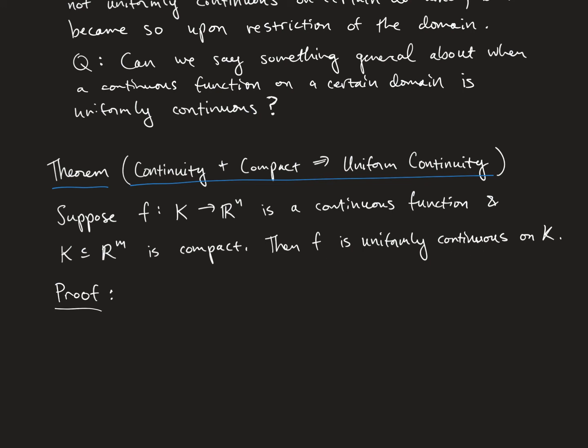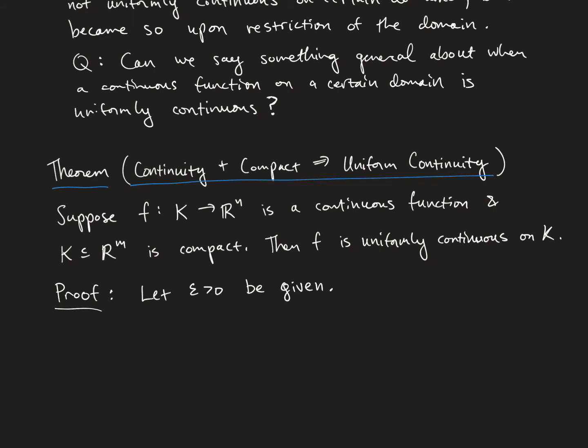The uniformity is that there's a single delta such that no matter what point in K I pick, every image point in the delta ball around that point has to be within epsilon of f of x. Okay, so that's what we have to show here. So we start our proof with: let epsilon greater than 0 be given. This is our epsilon to beat.